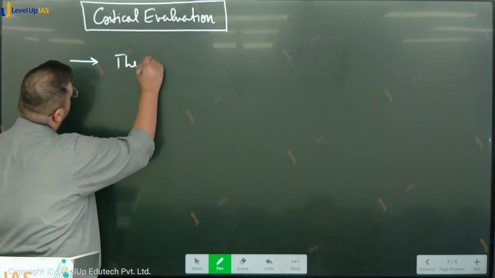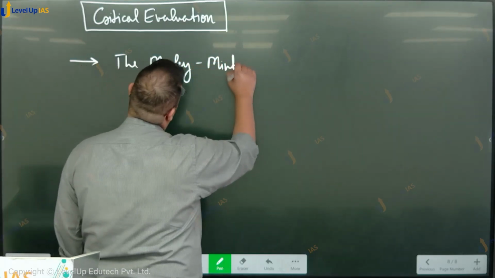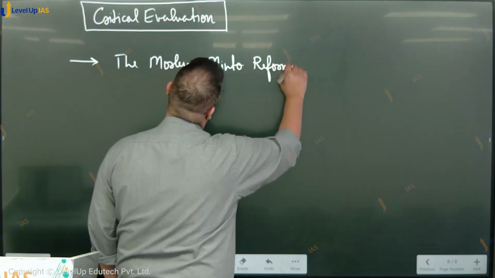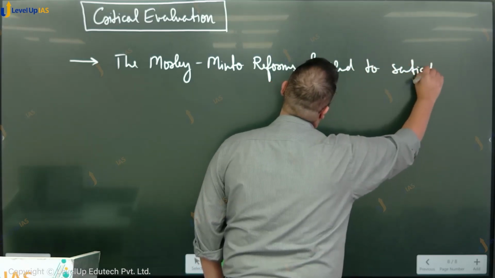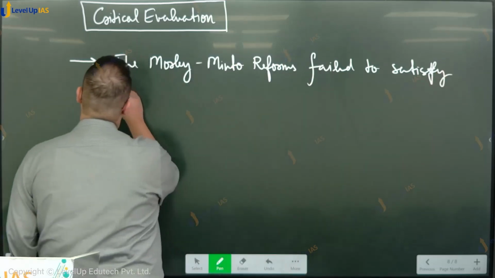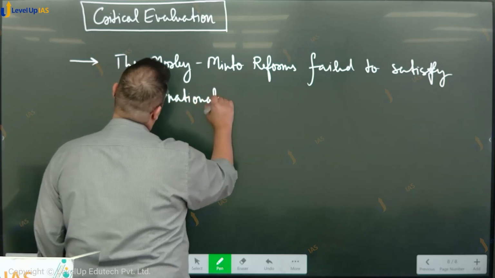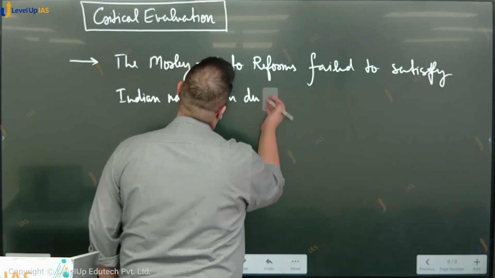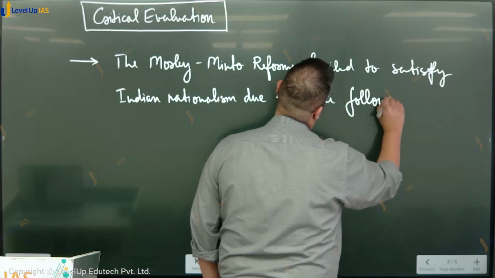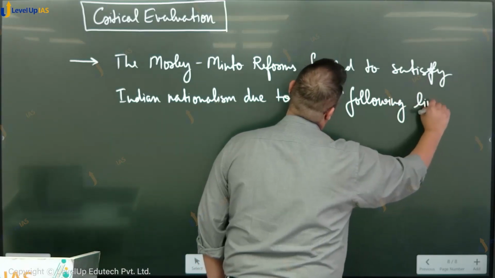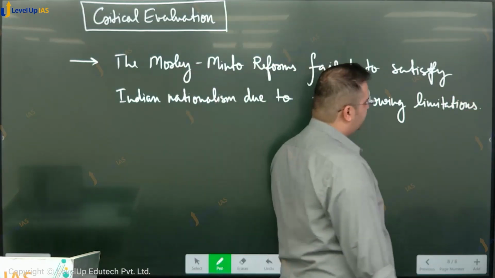The Morley-Minto reforms failed to satisfy Indian nationalism due to the following limitations.